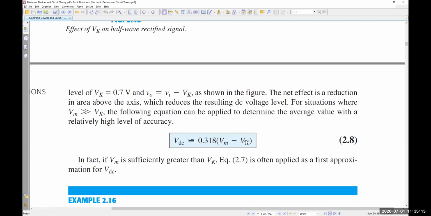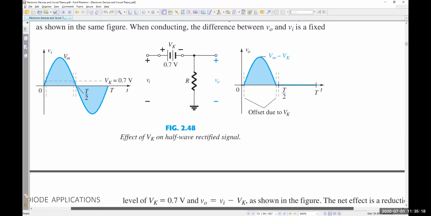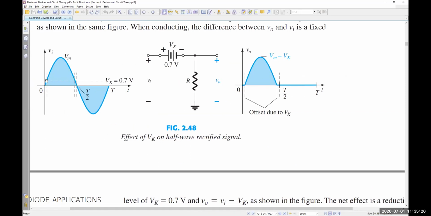Your input is VM, your output is less than VM, right?